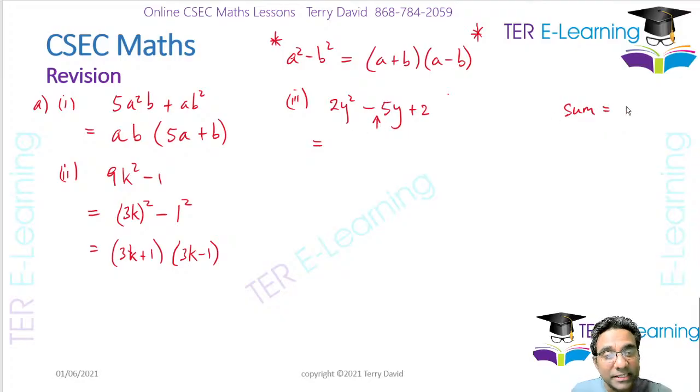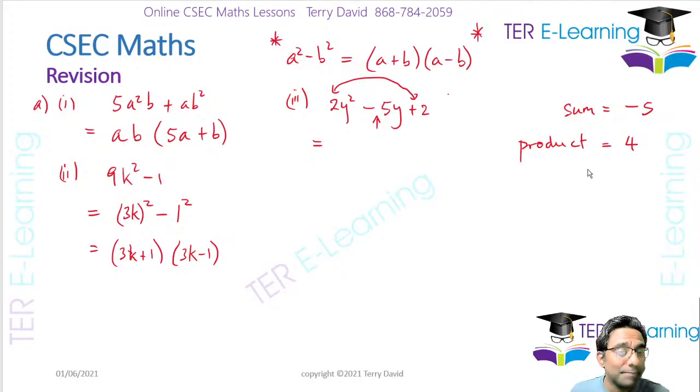So that number is minus 5, right? It's not just 5, but it's minus 5. The sign needs to be taken into account. And we need to find two numbers whose product has to be this 2 multiplied by this 2. So we're looking for two numbers whose product is 4 and whose sum is minus 5.